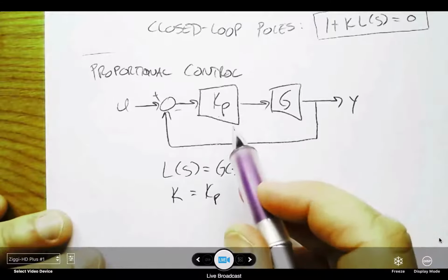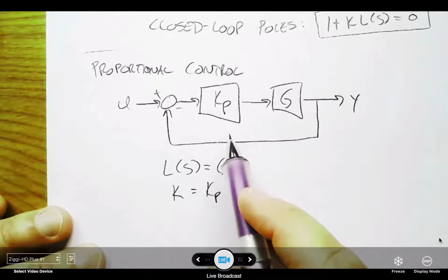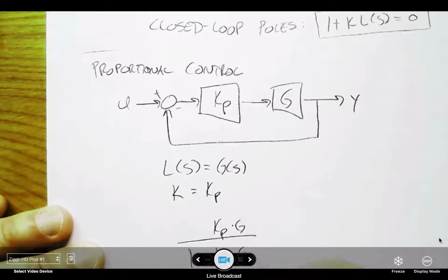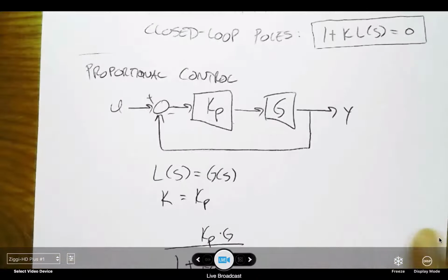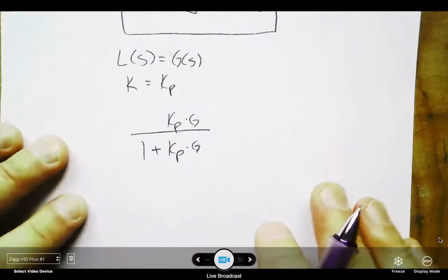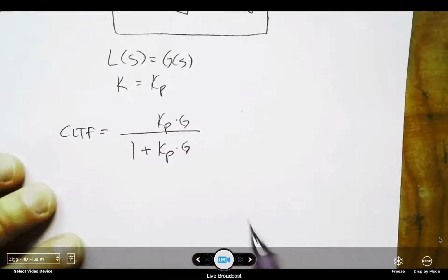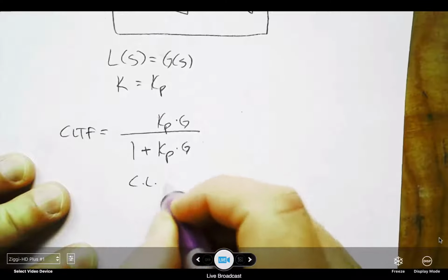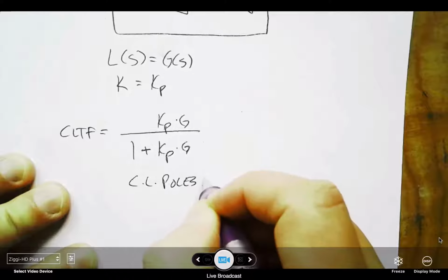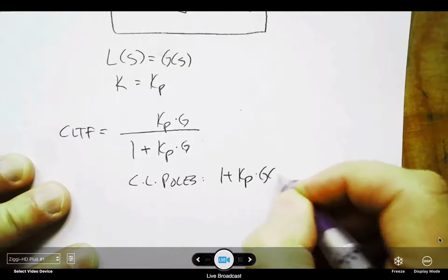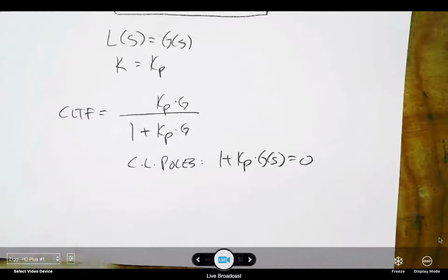And part of the reason for that is that the closed loop transfer function for this proportional control system would be Kp times G over 1 plus Kp times G. So if this is my closed loop transfer function, then my closed loop poles occur when 1 plus Kp times G of S is equal to 0.